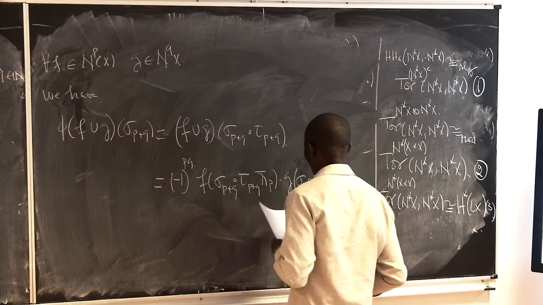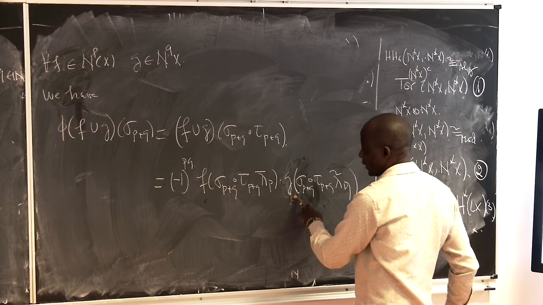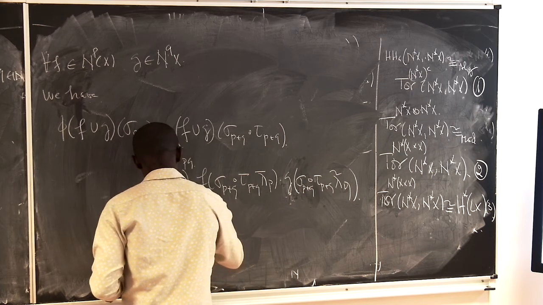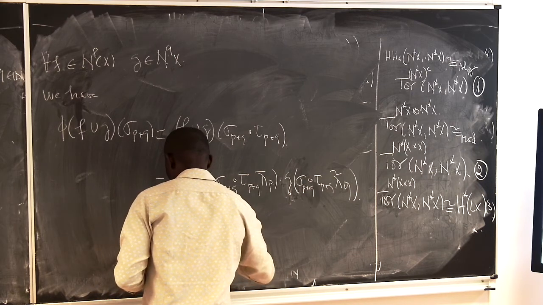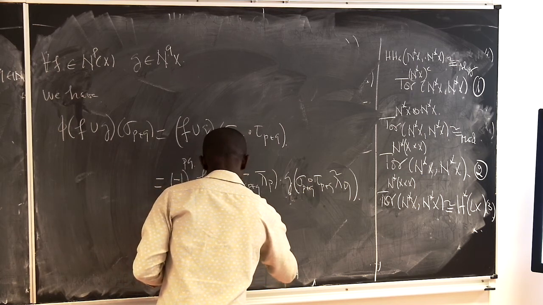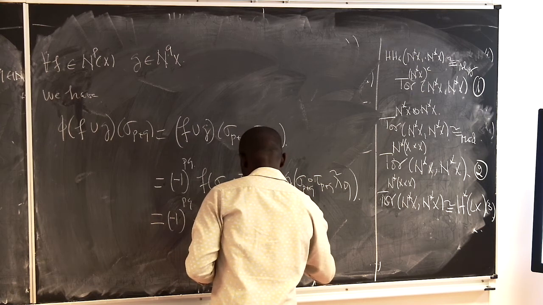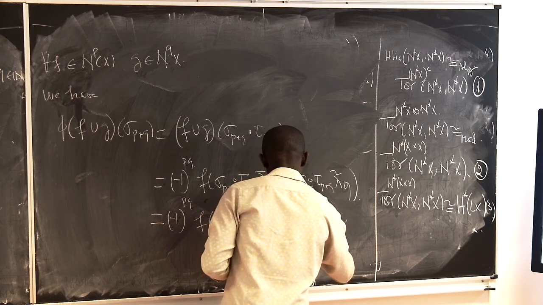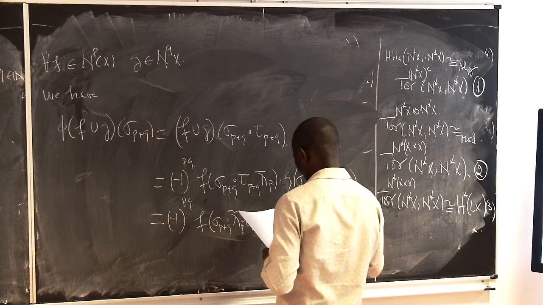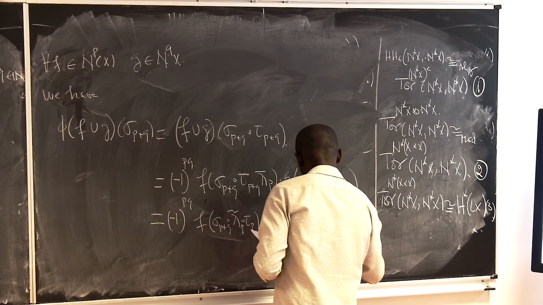The product here is the product in K, because these two maps are taking the value in K. So we have here (-1)^{pq} f of sigma p plus q lambda bar p 2 p, times g of sigma p plus q composite by lambda child q composite by 2 q here. It's okay.